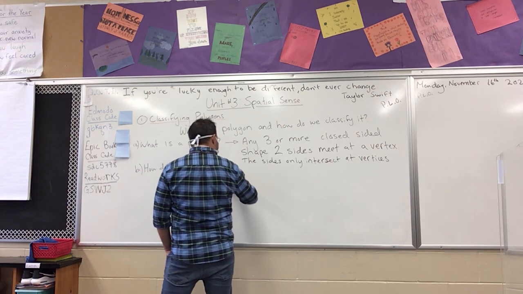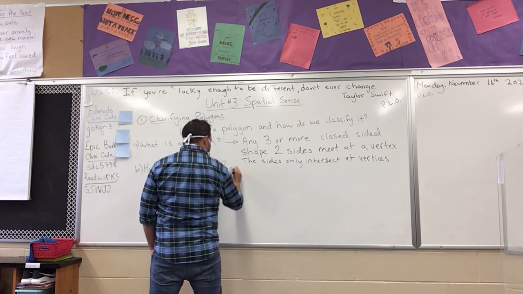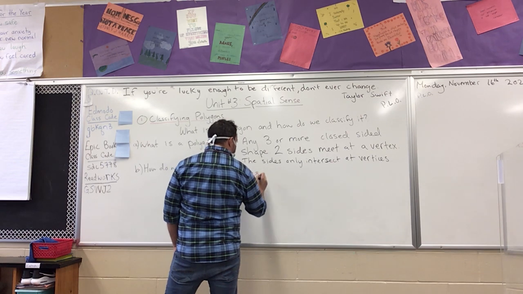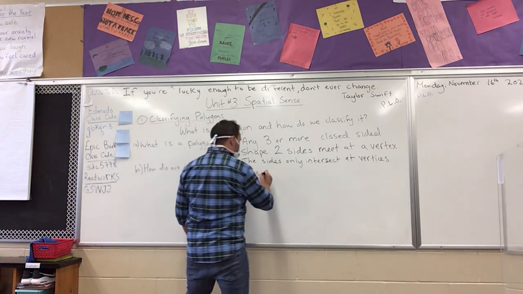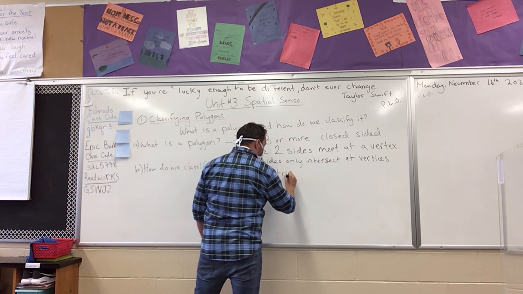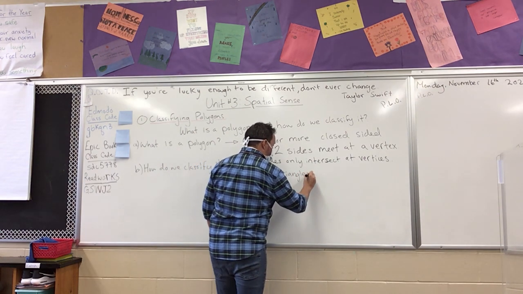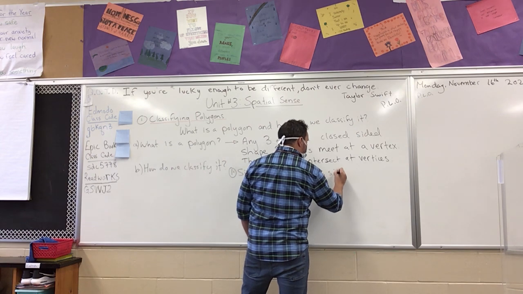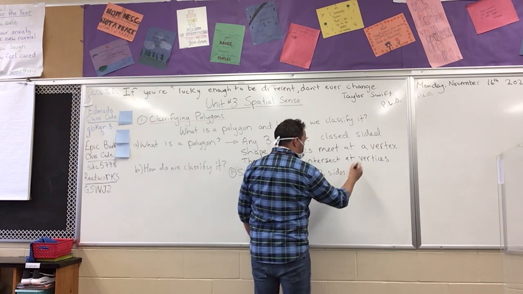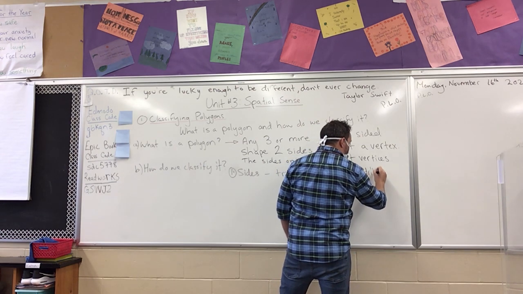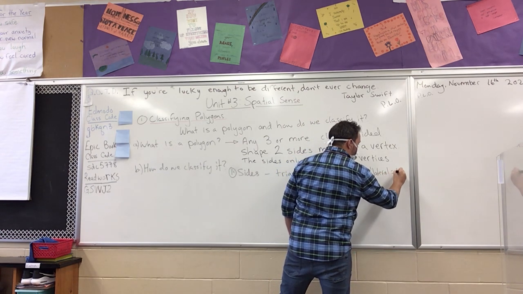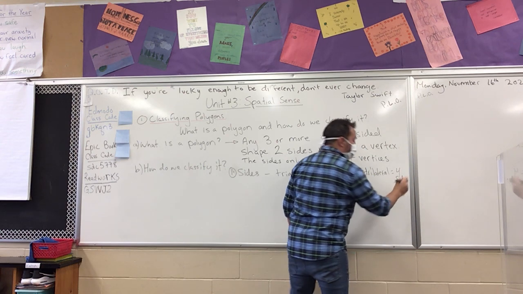Right? 1. Let's not put this arrow. Let's go like this. 1. Sides. We can classify by the number of sides, right? So we'd say a triangle equals 3 sides. And we could say a quadrilateral equals 4 sides, right?